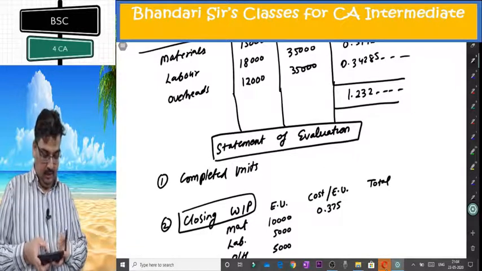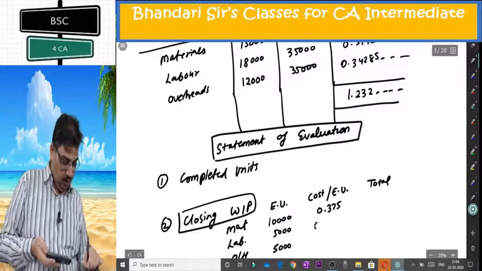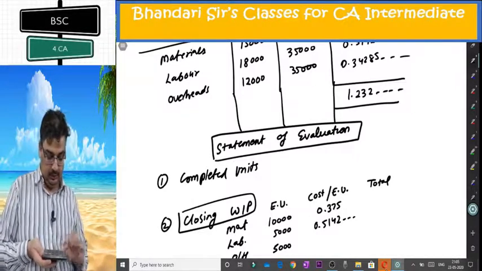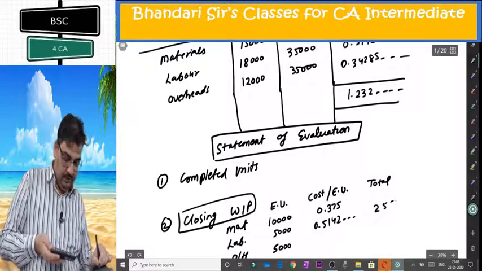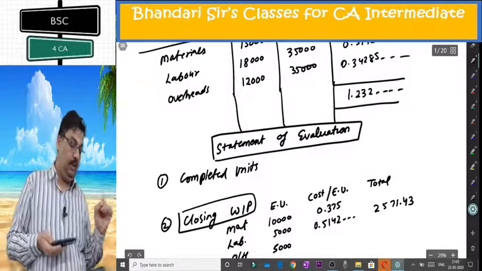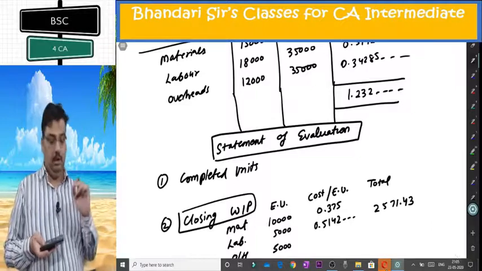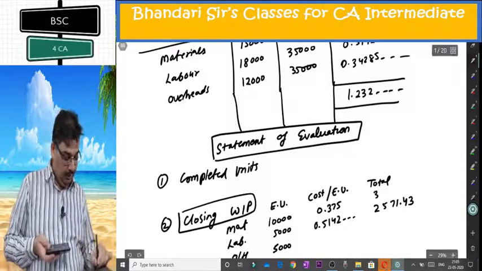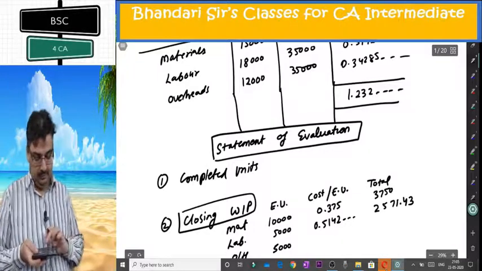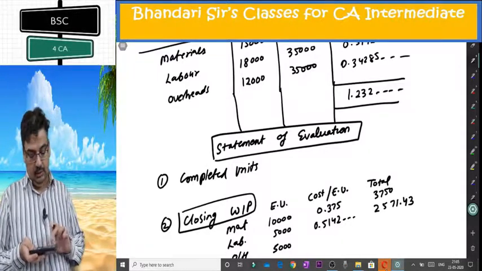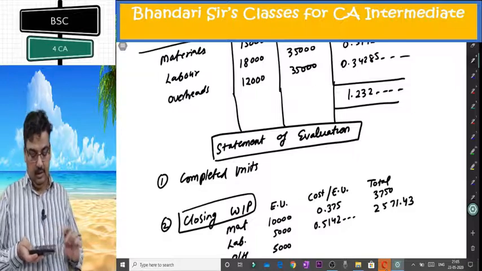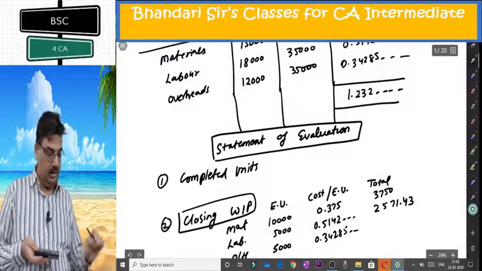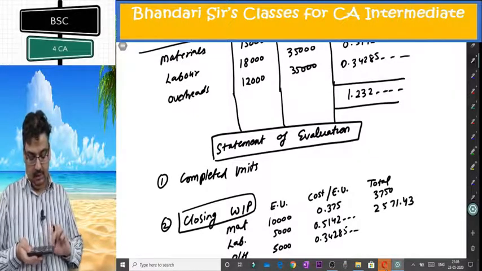18,000 divided by 35,000, it was 0.5142 and so on, whatever I got, into 5,000. 2571.43. Approximate the total amount, not per unit. So 10,000 into 0.375, 3750. That is exact. Third one, 12,000 divided by 35,000. I got 0.34285 and so on, multiplied by 5,000.